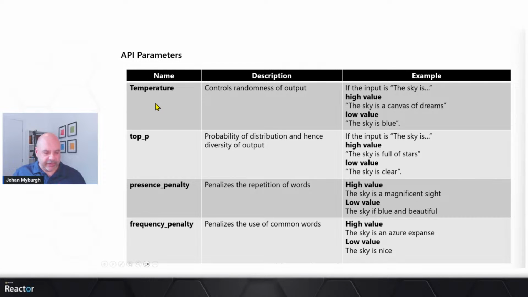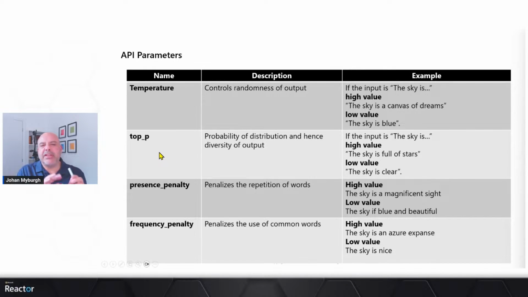And you'll notice that if I set the temperature to high and I ask it to describe the sky is, you will see if the temperature is high, it basically comes back and says the sky is a canvas of dreams. If I set the temperature to low, it basically just says the sky is blue, right? So that's what we mean in terms of creativity. Now, all of these examples don't work as well as that specific one, but we can also use another parameter called the top P.